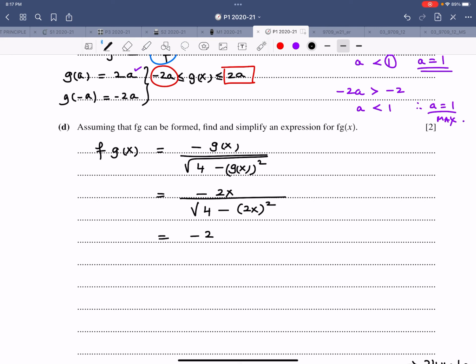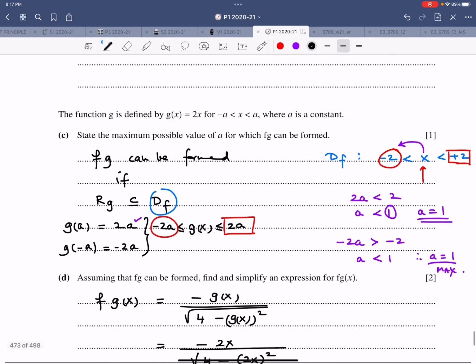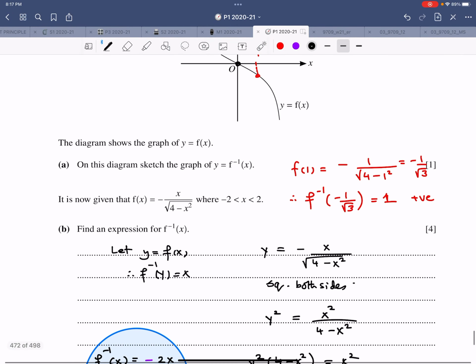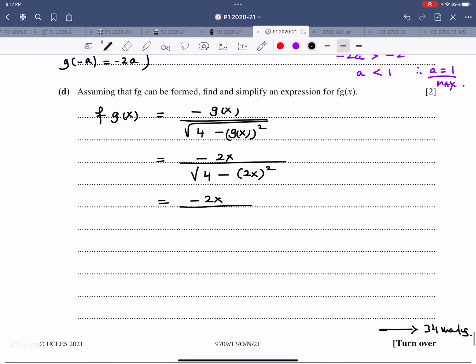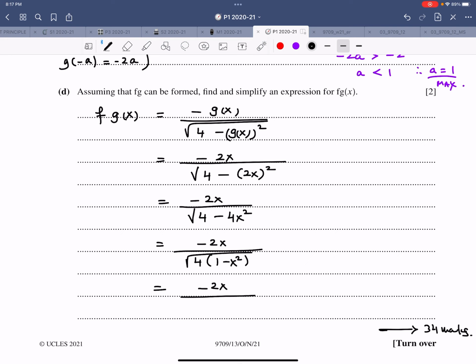There is a plus or a minus, let me double check. There is 4 minus 4x squared, that is negative 2x, 4 common, 1 minus x squared, that is negative 2x, and this is 2 square root of 1 minus x squared.